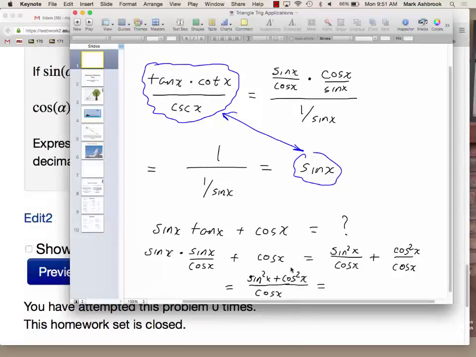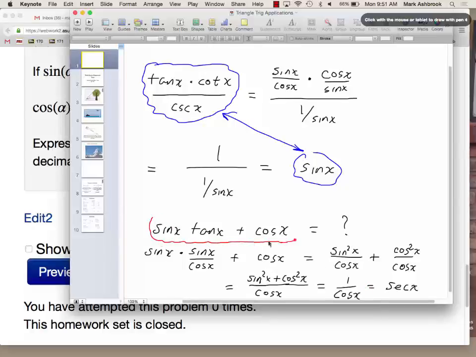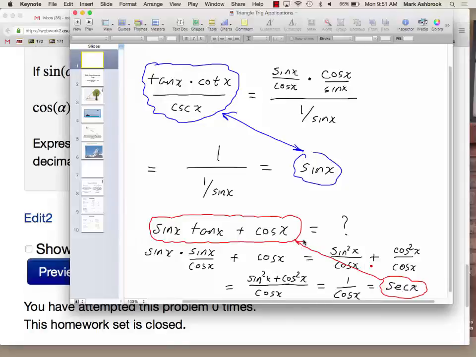That's our Pythagorean identity, right? So this is 1 over cosine. And we recognize what is 1 over cosine? Secant x. So there's another identity: sine x times tangent x plus cosine x is the same as secant x, for all angle measures. So that's a new identity.